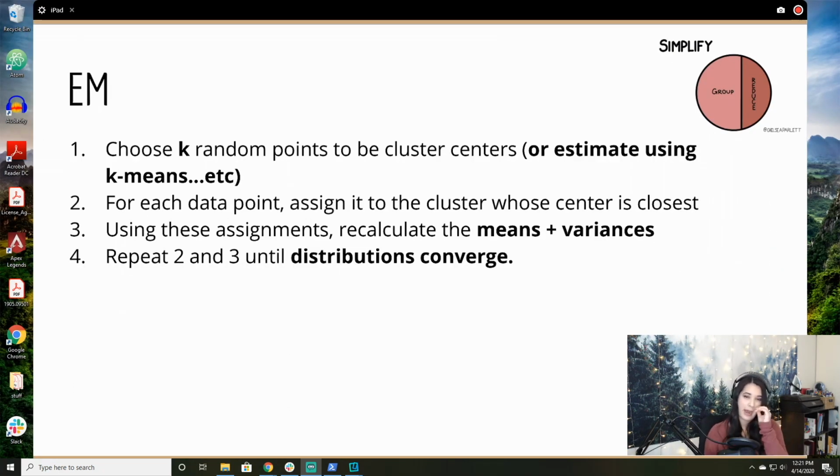Okay, so that was for K-means. Let's go over how a lot of these exact same principles apply to expectation maximization. So the first step is really similar. We're going to choose random starting points for each of our clusters or distributions. Now, just FYI, there are really cool ways of expertly choosing your starting points so that your algorithm converges more quickly.